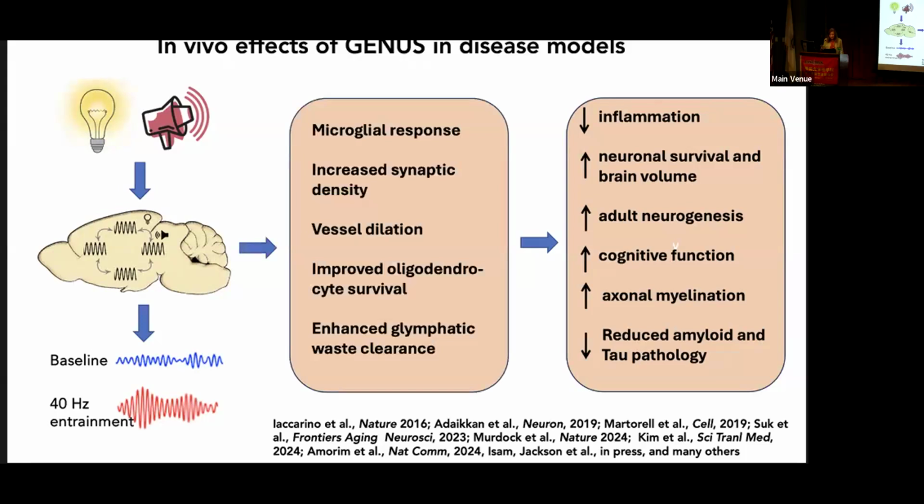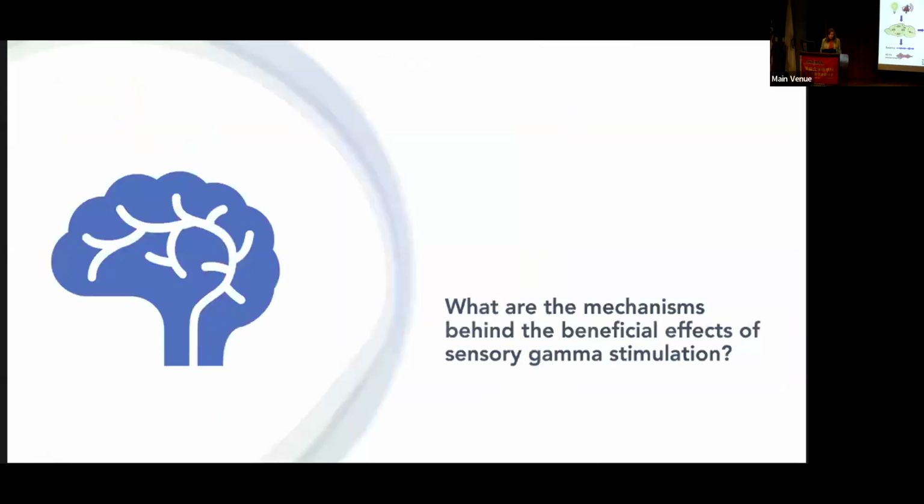And a lot of this neuroprotective effect is associated with robust glial response and response from the brain's vasculature. So what my laboratory has been focused on right now is really trying to figure out the mechanisms behind all of these beneficial effects of sensory stimulation.